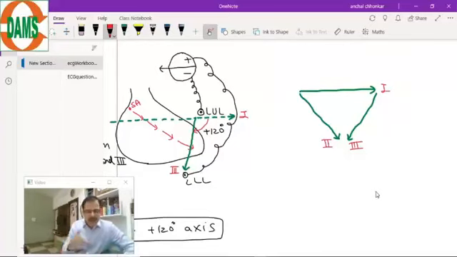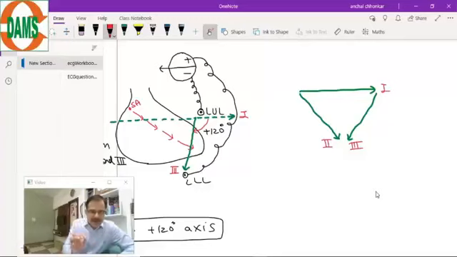Again, repeating for those who have joined late, what is the meaning of a vector line of any galvanometer or lead? A vector line means that if the current is traveling along that vector line, it will show maximum deflection.